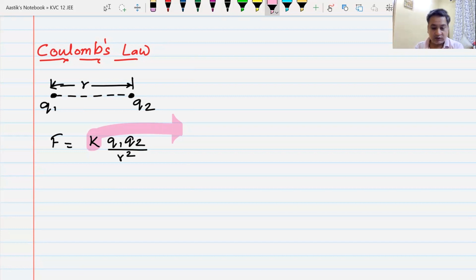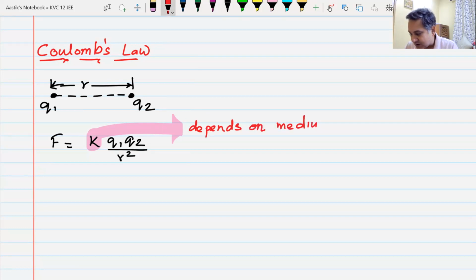I'm saying what does this constant K depend on? It depends on the medium. This constant K depends on the medium in which the charges are kept.